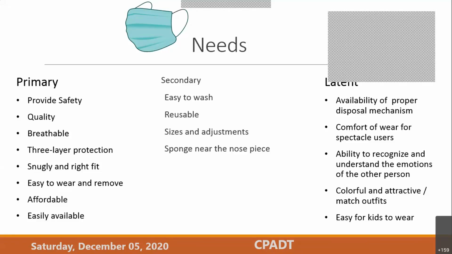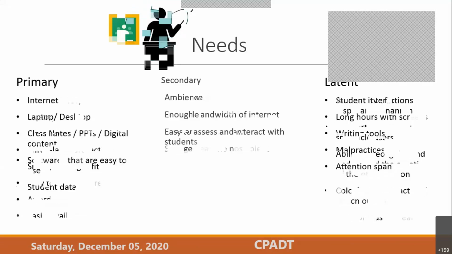An extreme user who is using spectacles, does he have the comfort of using a mask? Can I recognize and understand the emotions of other persons through the mask? Are there any colorful options which will go along with my outfit? And for kids, is it very easy to wear? So these are your hidden needs which you need to work on when you're trying to design a mask.